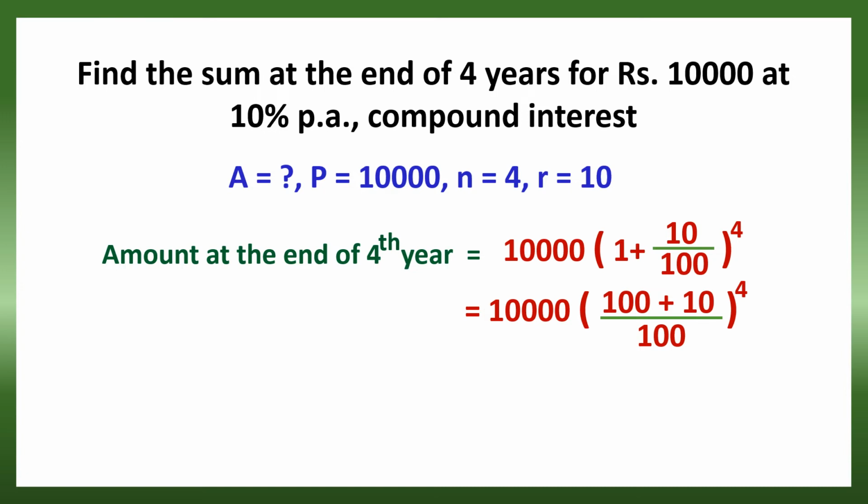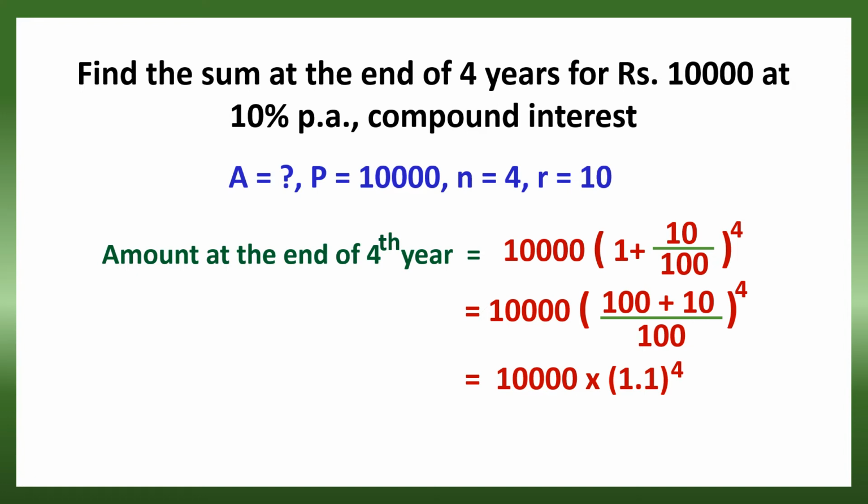For that purpose, we are multiplying 1 with 100. So 100 becomes the common denominator of 1 and 10, and 1 becomes 100 in the numerator also. And the next step is 10,000 into 1.1 whole raised to 4. 100 plus 10 by 100 becomes 1.1 when the calculation is done.